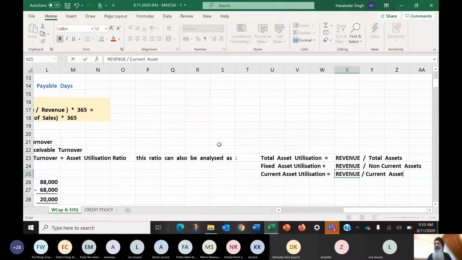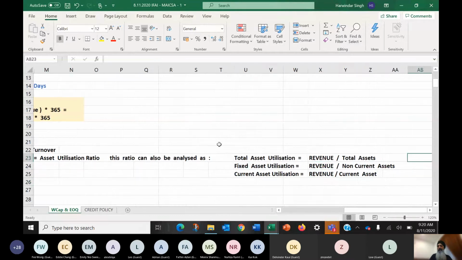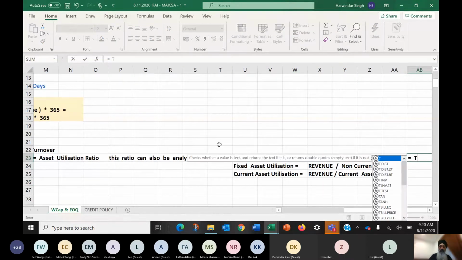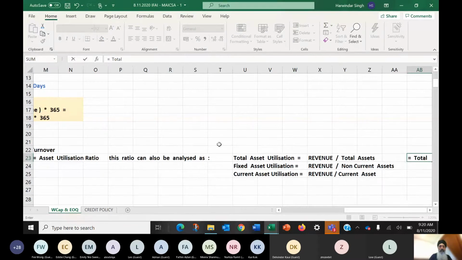And this current asset utilization or turnover, we call it, is also called total asset turnover.